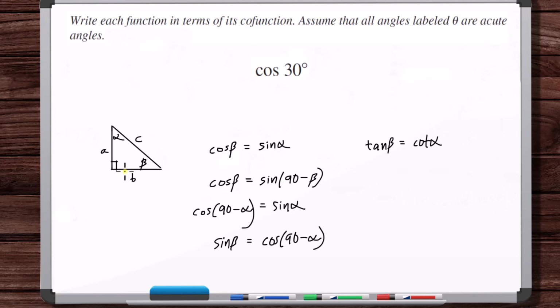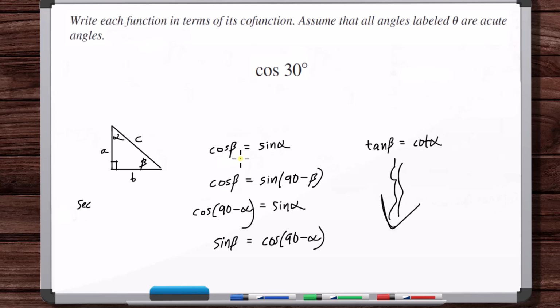They're both A over B. So you could do the same deal with tangent and cotangent, but then it's the same with secant and cosecant. You could do any of these cofunction identities you want. Because secant of beta is hypotenuse over opposite, C over A. Cosecant of alpha is hypotenuse over adjacent, C over A. So that's the idea of the cofunction.